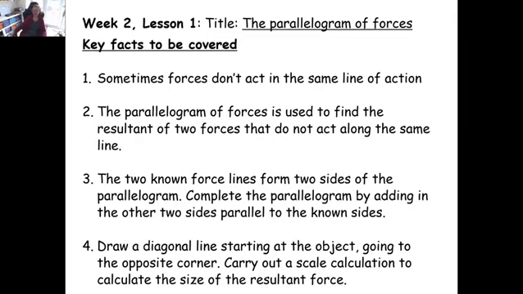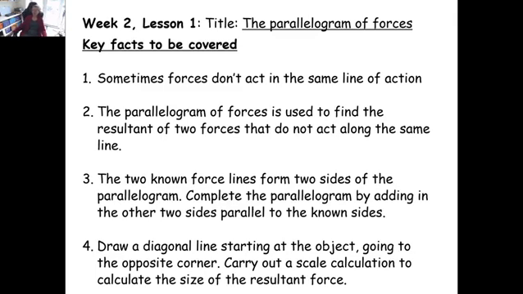So just as a recap, here are our key facts which you need to have covered in this lesson. We've looked at how some forces don't act along the same line of action, and we can use the parallelogram of forces to find the resultant force of forces that do not act along the same line. The 2 known forces form the sides of the parallelogram, and you complete that parallelogram by adding in the other 2 sides.